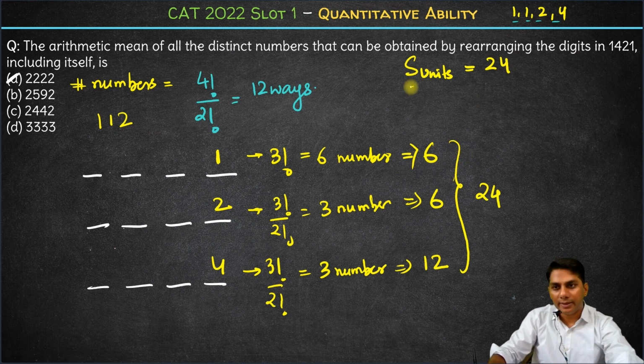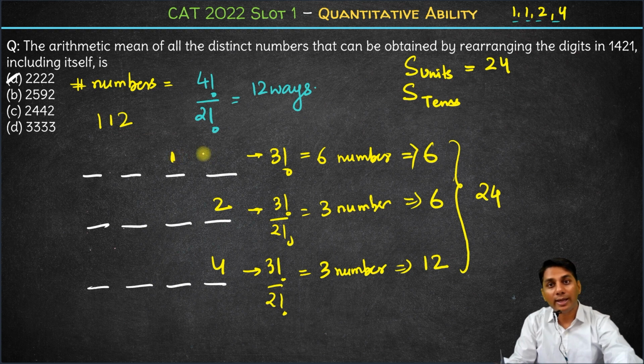Okay. Similarly, what will be the sum of place values of all the tens digits? Now if you put a 1 over here, the place value will be 1 into 10, 10. So 10 into 6 will be 60. Similarly, if you place a 2 over here, the number of numbers is 3 and the place value will be 20. So 20 into 3 is 60.